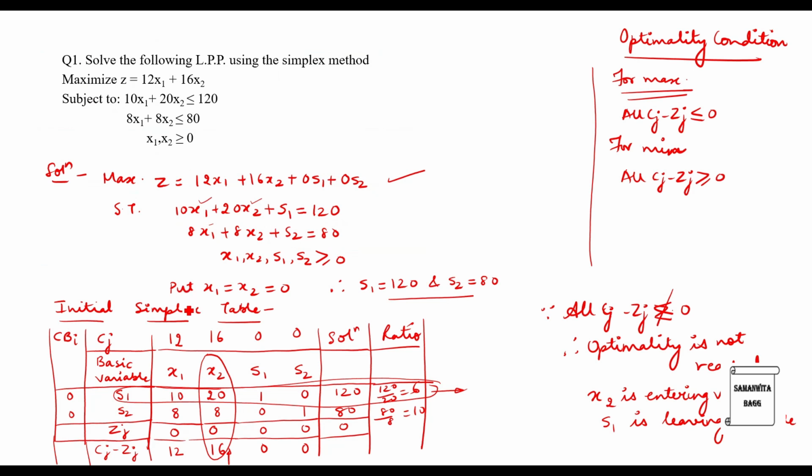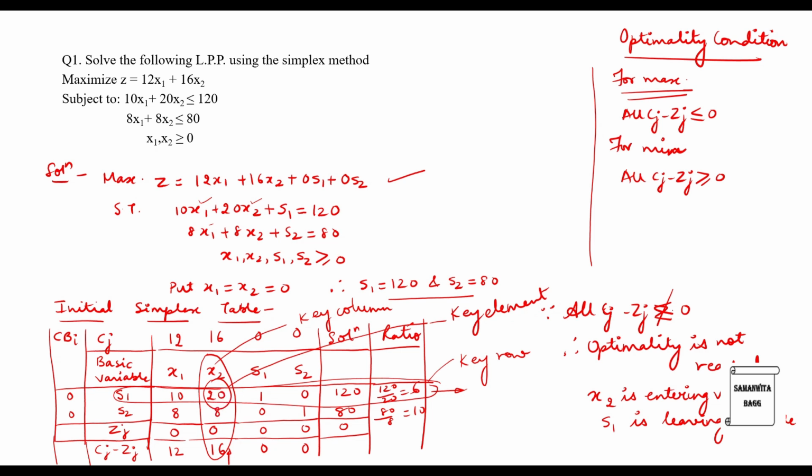For that, we will first talk about what each part is called. This column is called the key column. This row is called the key row. And this element at the intersection of the row and column, 20, is called the key element.